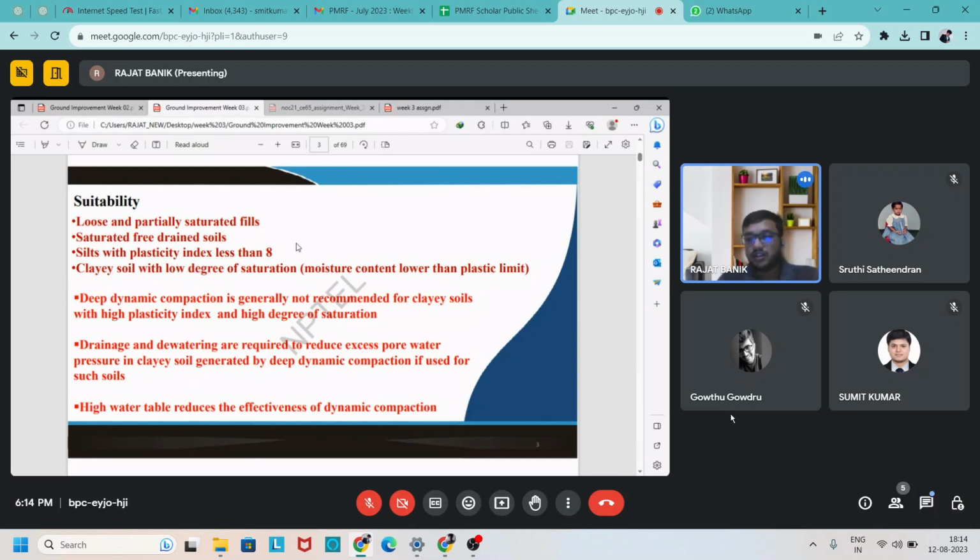So the excess pore water pressure is not easily dissipated. So in clay soil this technique is not very suitable, and it also requires drainage and dewatering if the degree of saturation is very high, for the same reason.